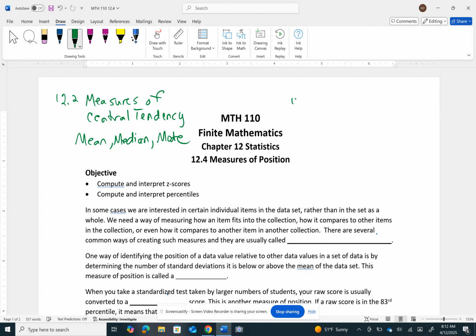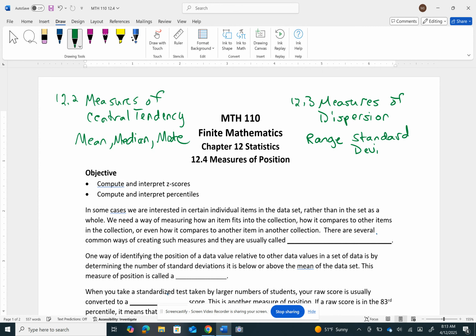And then with section 12.3, we did measures of dispersion, which was a fancy word for the spread of the data set, so kind of how far apart the data values were. These were range and standard deviation, the two we did.